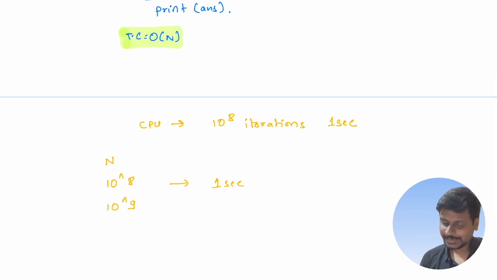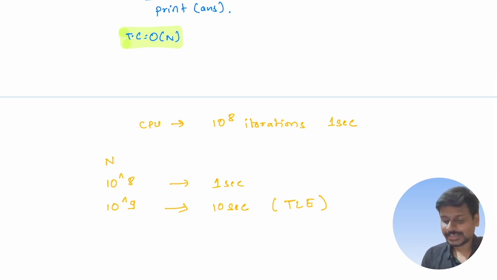But now let's say I have to count the number of factors for 10 to the power 9, right? It will take around 10 seconds. So you can see this has already crossed the time limit for most online compilers.